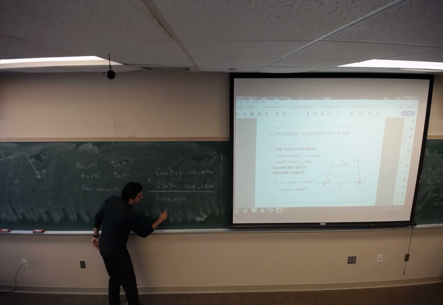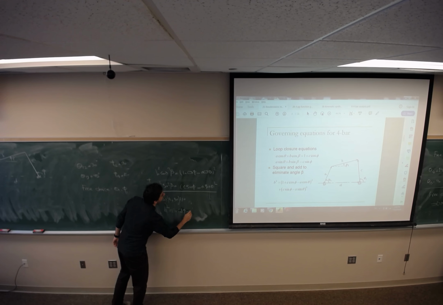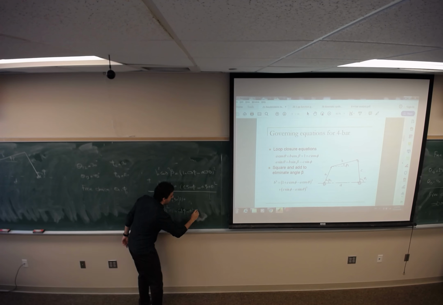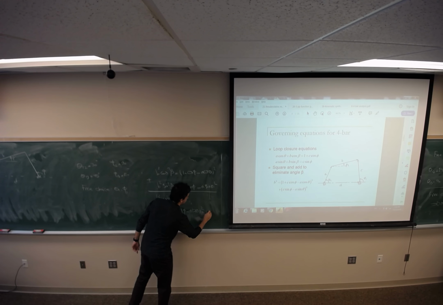This side is going to be B square. The right hand side was 1 plus C cosine of phi minus A cosine of theta squared, plus C sine of phi minus A sine of theta squared.